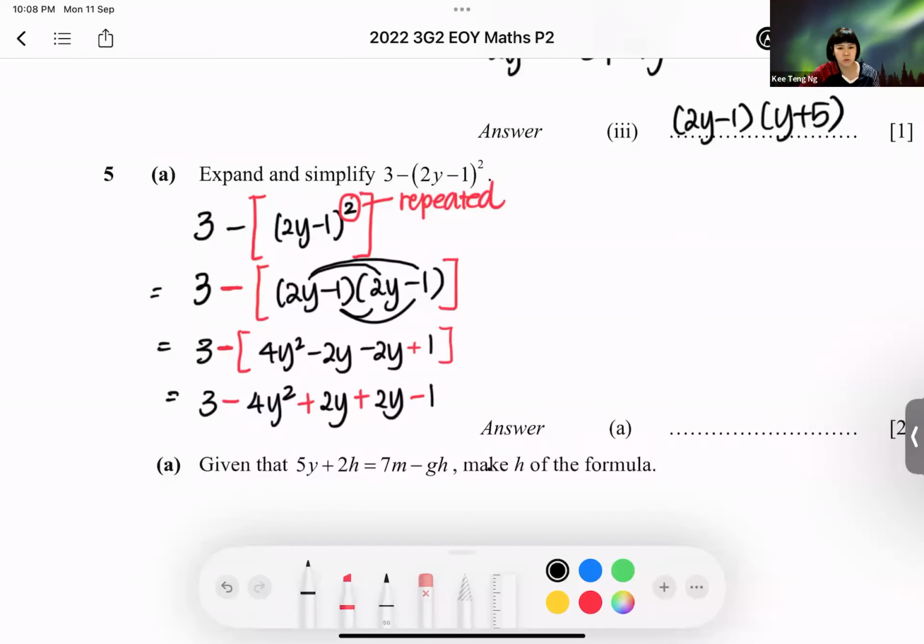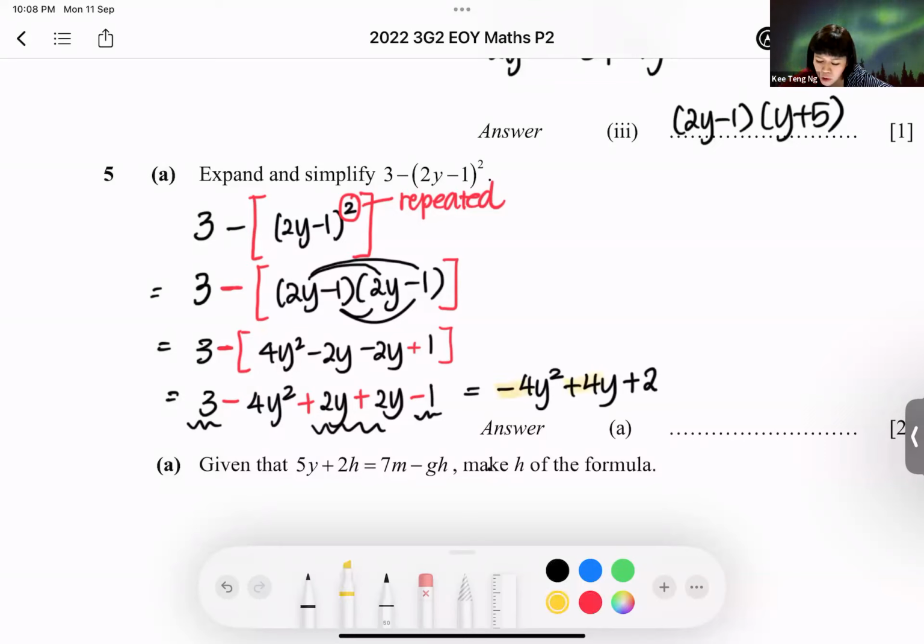Okay. So simplifying all the equations, I managed to get my answer negative 4y squared, plus 4y, 3 minus 1 is plus 2. Okay, notice the question says expand and simplify. Now, I know some of you might want to go and cancel away the factors 4 and divide by 2, right? Do not divide, okay? Do not reduce it because this is not equal to 0.